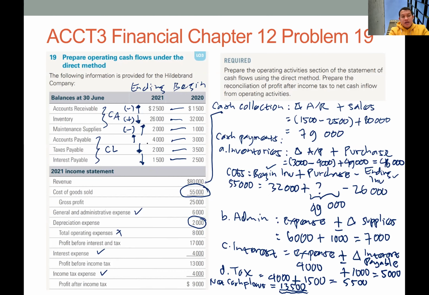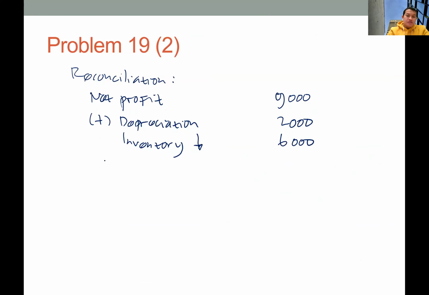If the current liabilities are increasing, it means the company has more cash from this accounts payable. So we should add the increasing balance of accounts payable and deduct the decreasing balance of tax payable and interest payable. The accounts payable increase is 1,000.